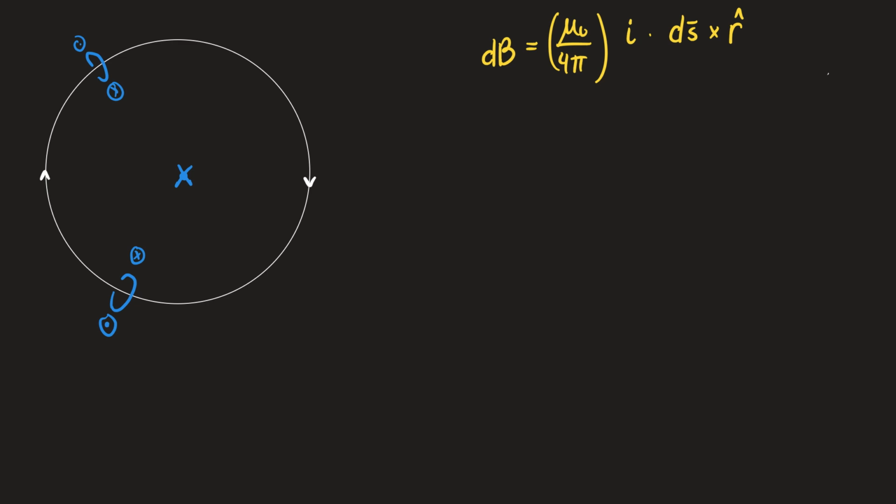R hat points to our point of interest. Our interest is at the center of the loop. All divided by how far away we are from the center of the loop squared. All right, so these are all the pieces necessary that we're going to assemble to create the integral that will give us the magnetic field at the center.